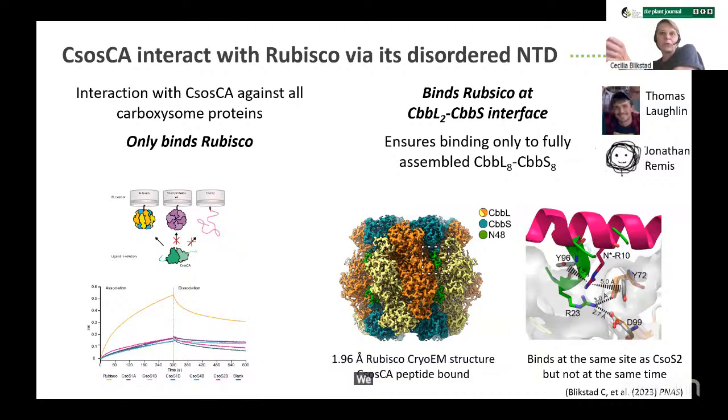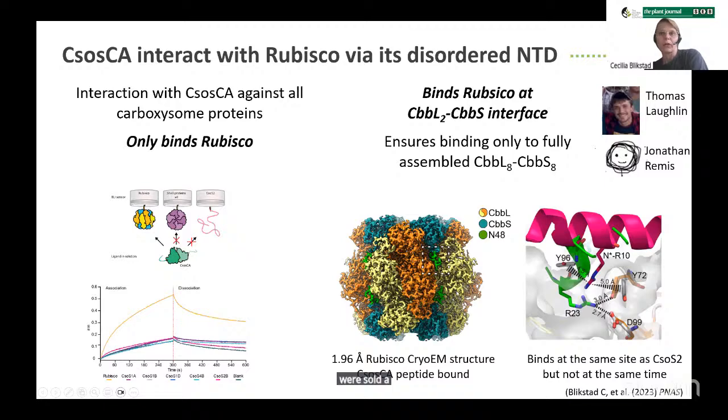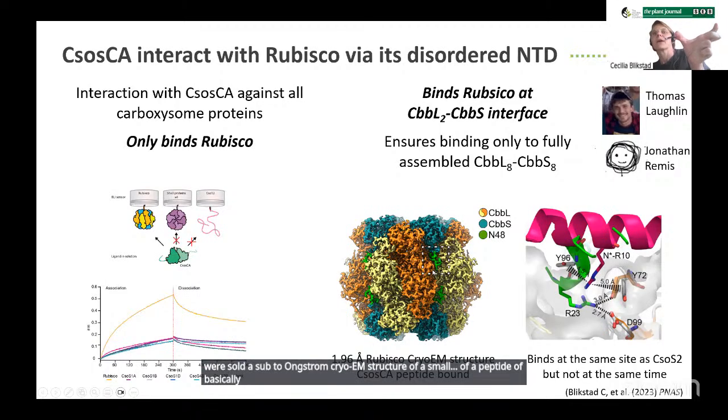We then turned to structural biology, to cryo-EM, to confirm this, where we were able, with help of Thomas Loeffling and Jonathan Remis at UC Berkeley, to solve a sub-2 angstrom cryo-EM structure of a peptide of the NTD in complex with rubisco.